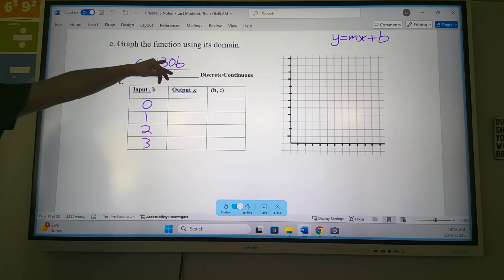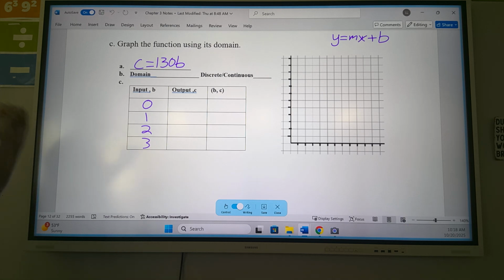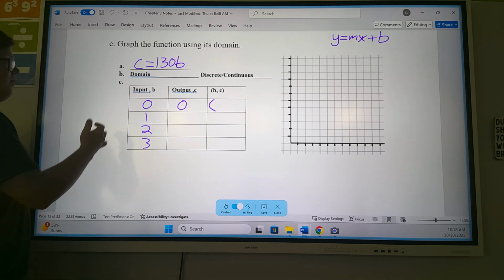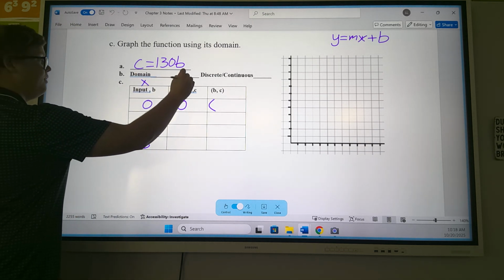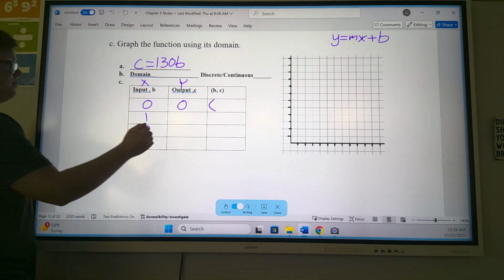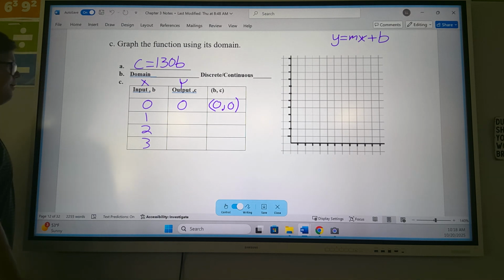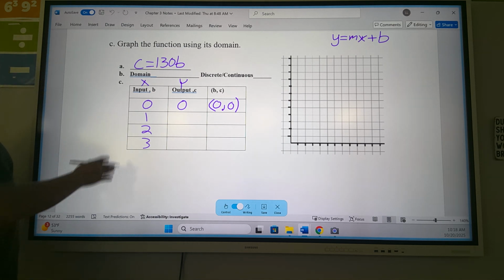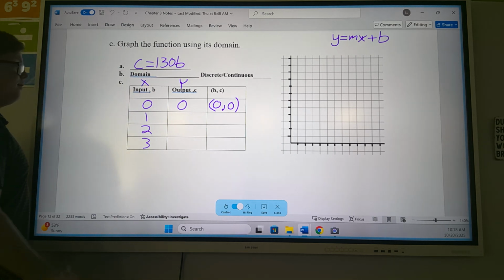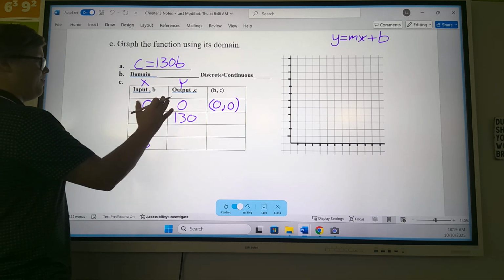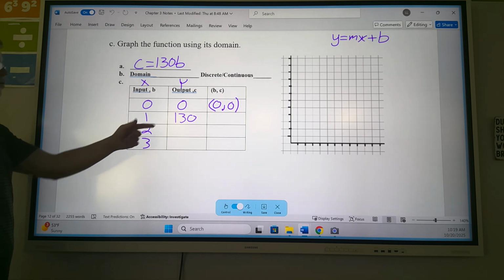So if I plug 0 in for B, if I use 0 bars, I'm going to probably ingest 0 calories. 130 times 0 is 0. When our x is 0, our y is 0. So 0, 0. Okay. 1, if I eat 1 bar, 130 times 1 is 130. When I eat 1 bar, I'm going to have 130 calories. When my x is 1, my y is 130.